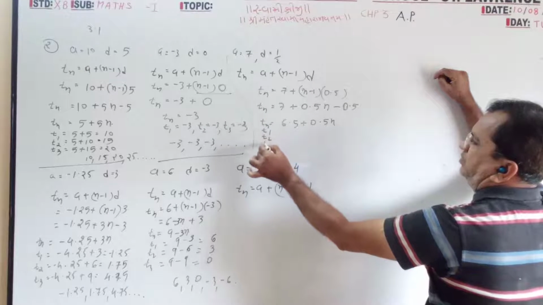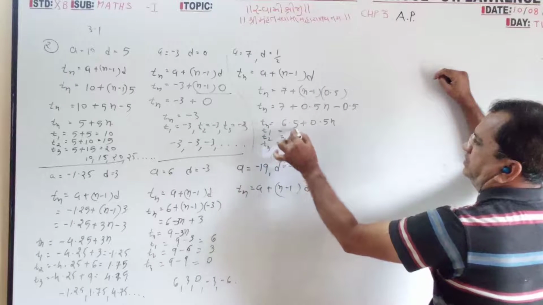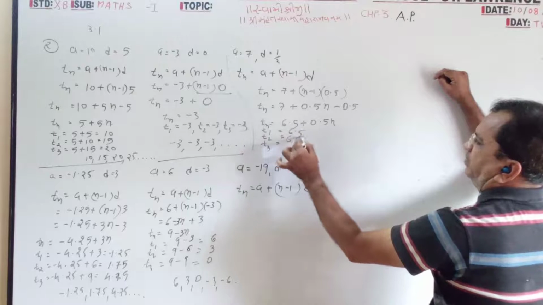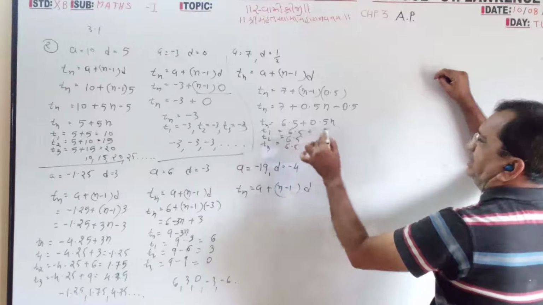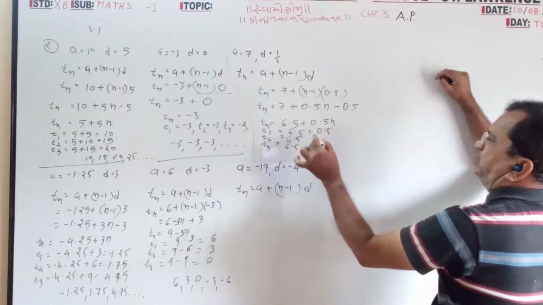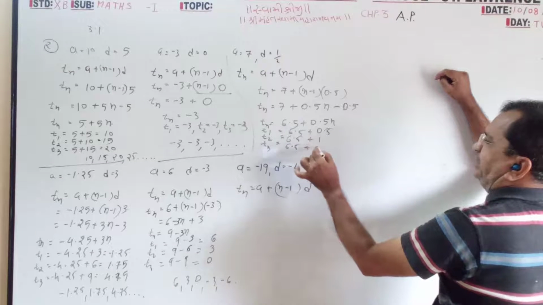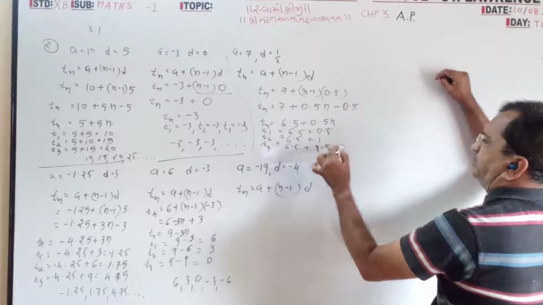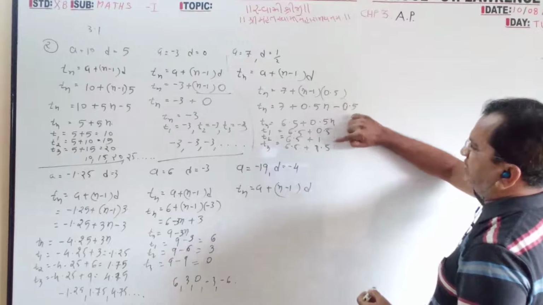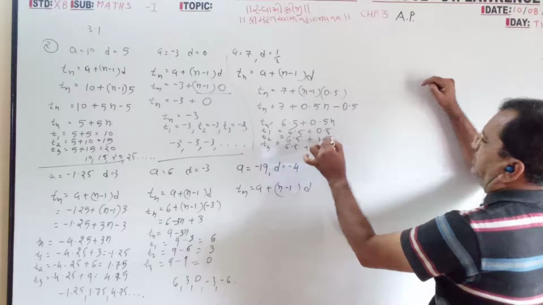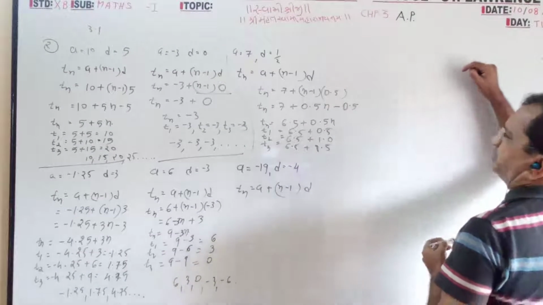T1, T2, T3. 6.5, 6.5, 6.5. 1 times 0.5, 2 times 0.5, 3 times 0.5. Like that you can also write.